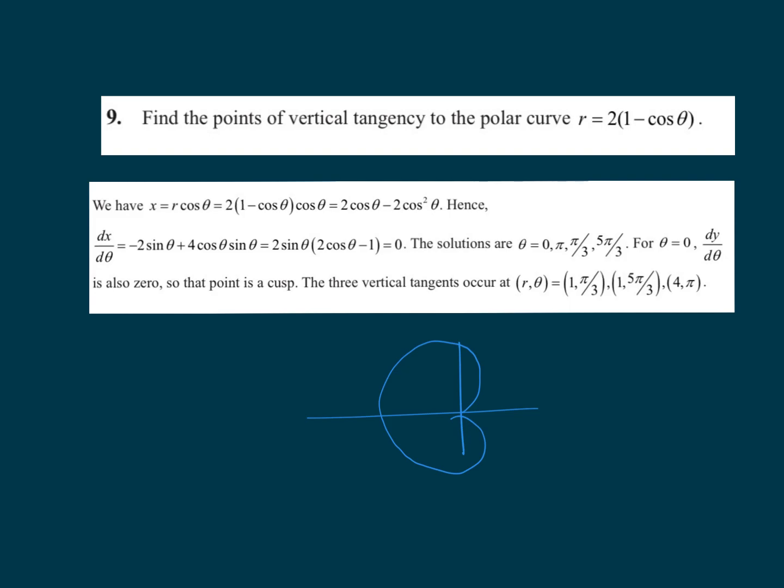The theta is from the center to the point. This angle is theta. So when you have the r, this is the r, and this is the theta. So r of theta is this function in polar coordinates, 2 times 1 minus cosine of theta.